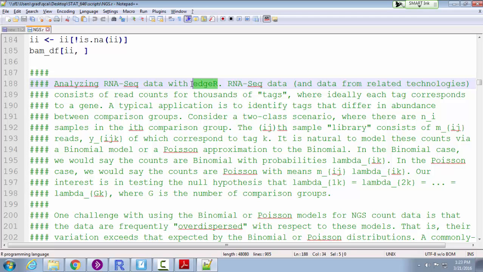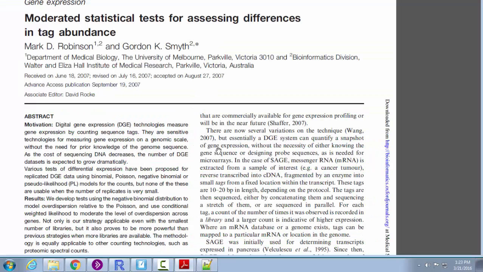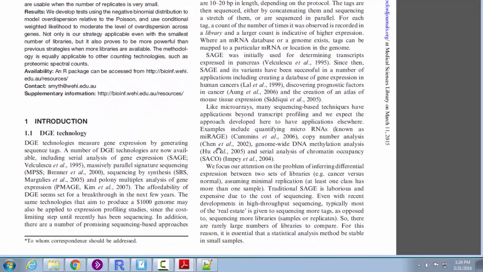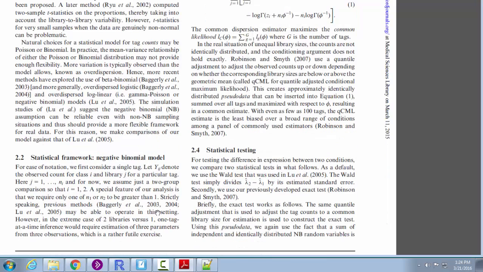So I wanted to at least show you the paper. Robinson et al. So let's look at the model. What are we saying here? Okay, here's how they formulate the model. Yij is a count.